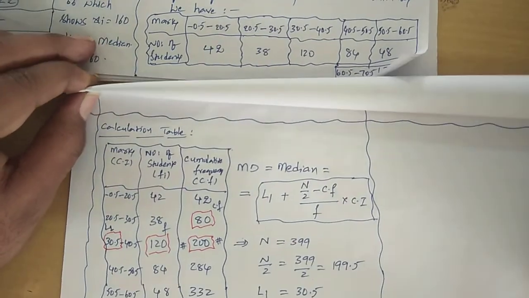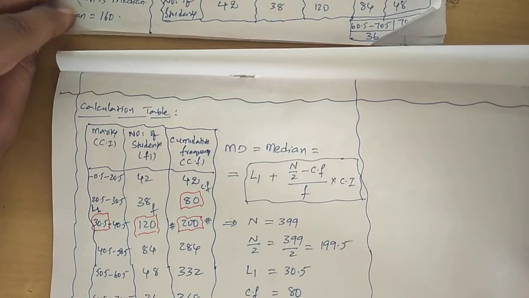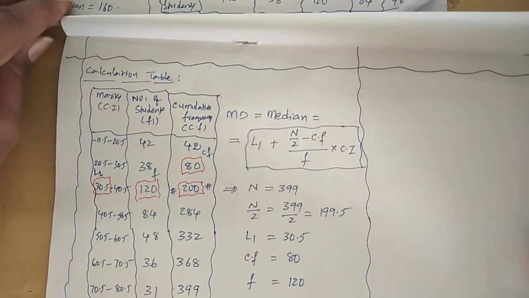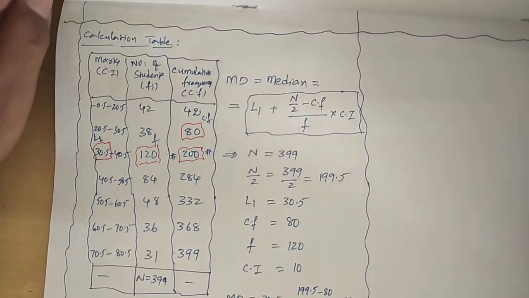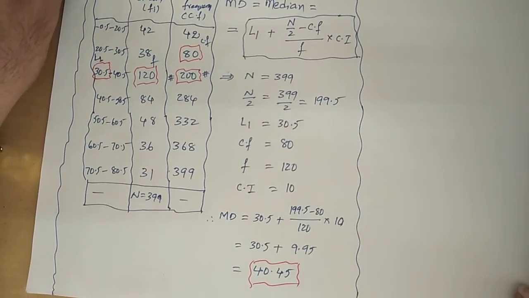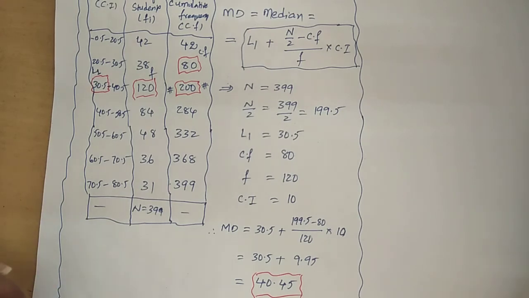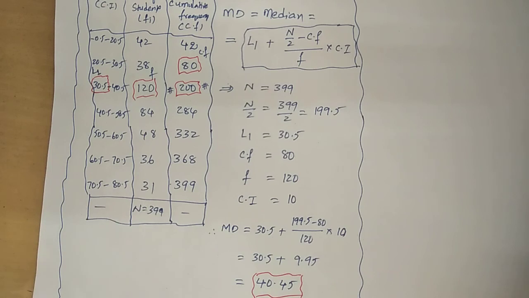Okay, applied the formula. And finally, you got the median as 40.5. Okay. So by this, we finish all the models under median.